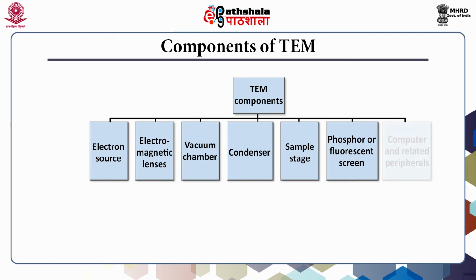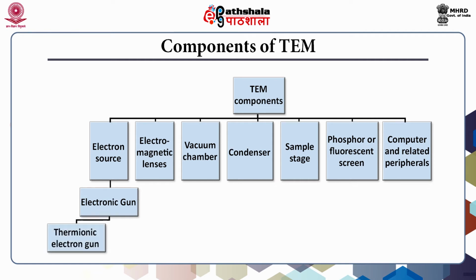Additionally, a computer setup and related peripherals are also required. We can see that the electron source includes an electron gun, which is again of two types, the thermionic electron gun and the field emission gun.